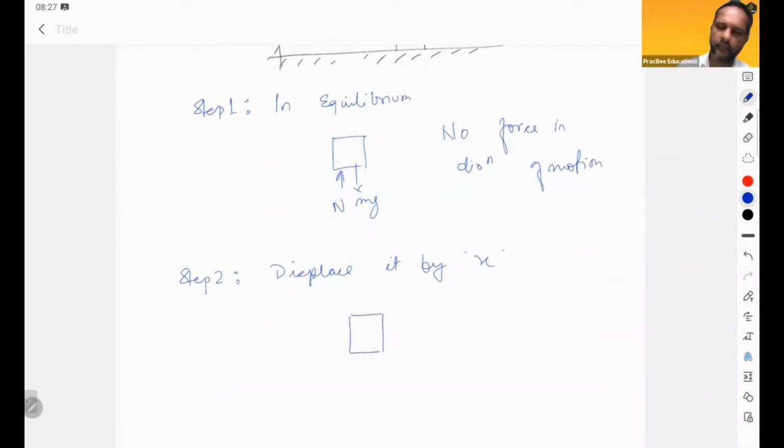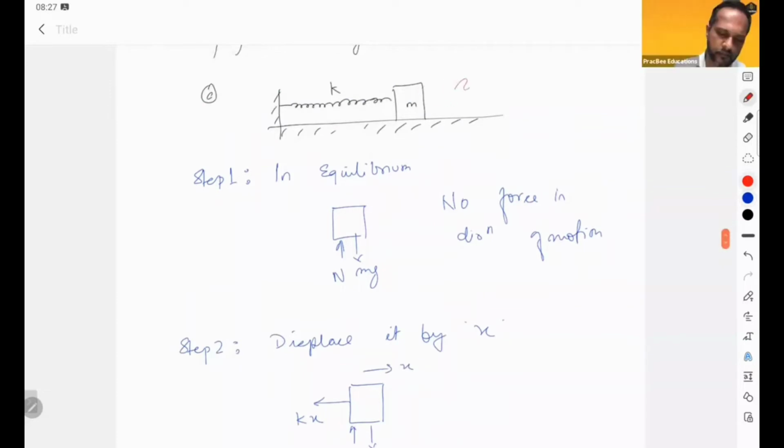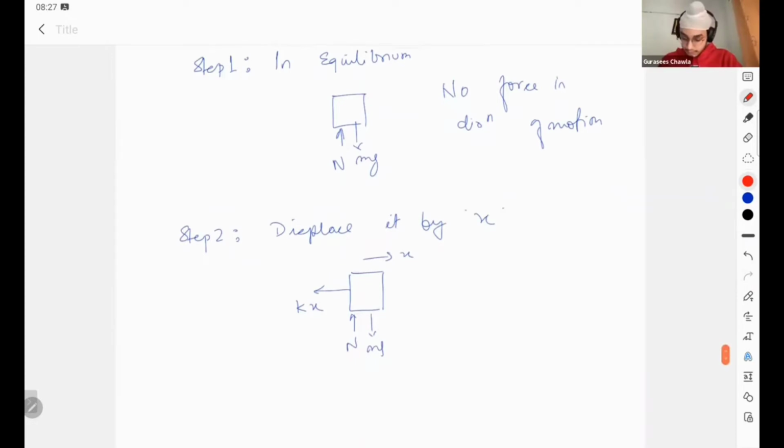Suppose it has been displaced towards right. So N and mg are there, and kx, the spring force, is acting in this direction. Displacement x is in this direction. Got it?